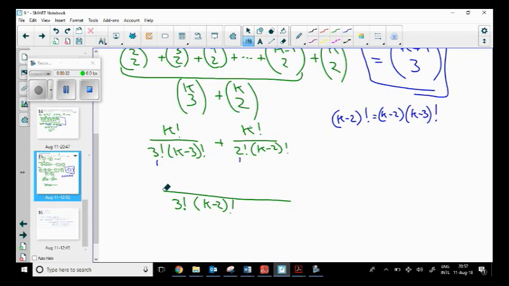So it already has a factor of k minus 3 factorial in it. So that means that I need to multiply this left-hand term by k minus 2 and my right-hand side by 3. Okay, let's see what comes of this.